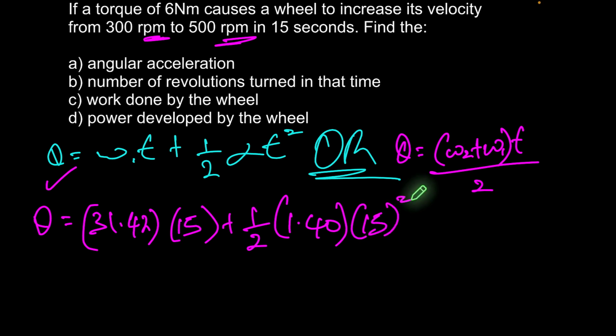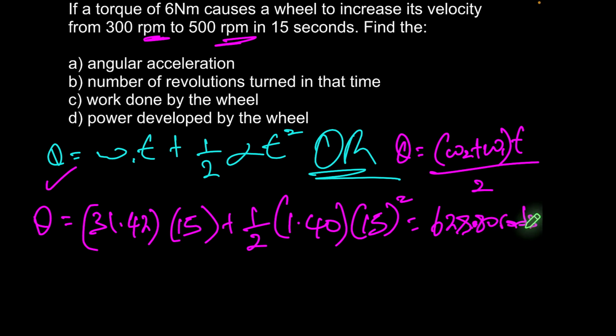Now ensure that you square the 15 first before you do the multiplication. Just apply BIDMAS. And what this will give us is our complete displacement, which on our calculator is 628.80. And this is in radians.